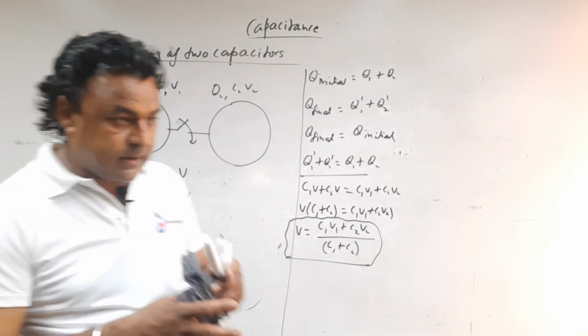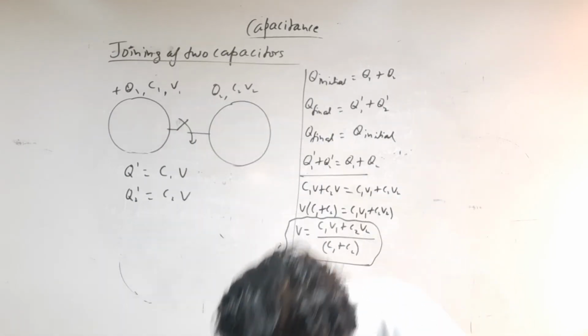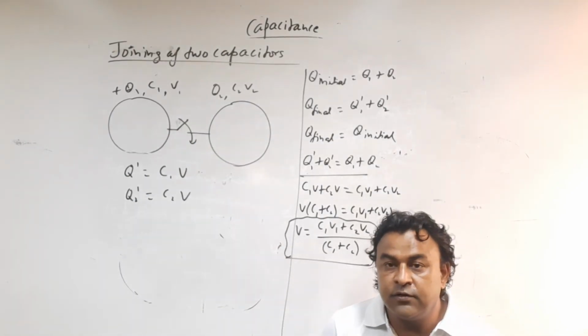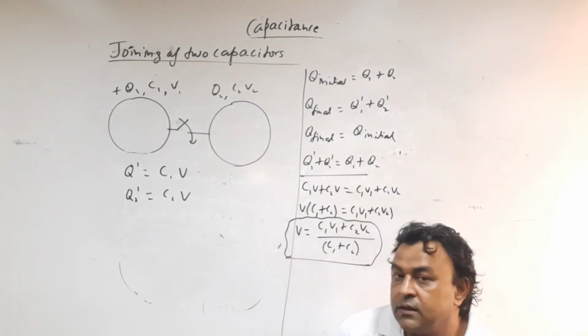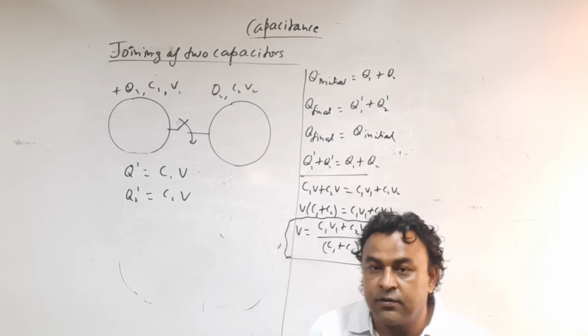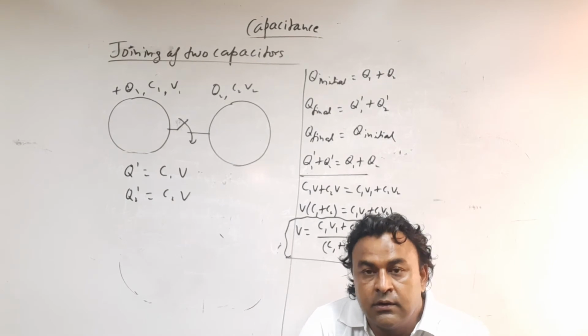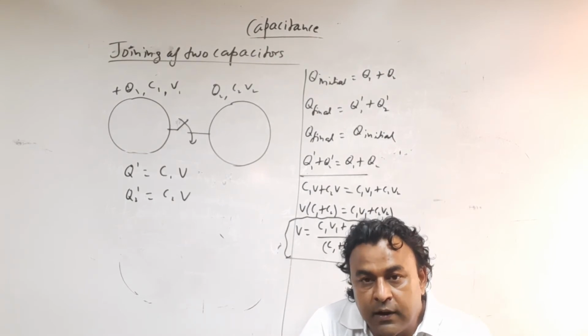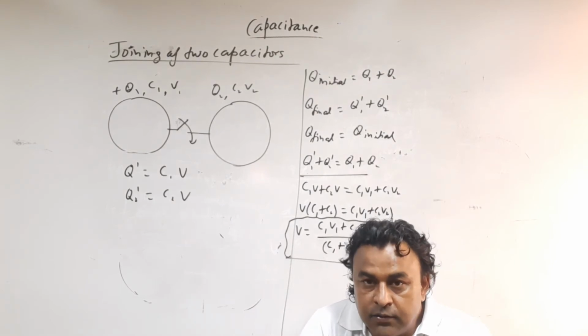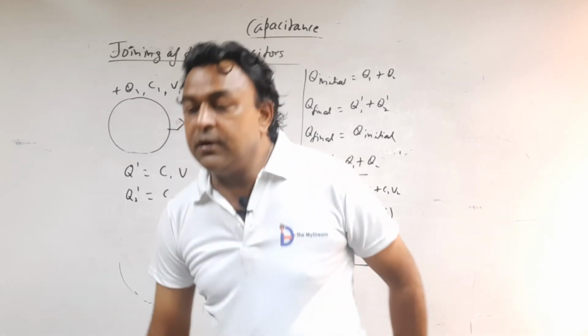Another important thing in this process is whether there is loss of energy or not, because when the charged capacitors are connected, then there is flow of charge, there is flow of current, and then heat is produced. Then definitely there must be loss of energy.